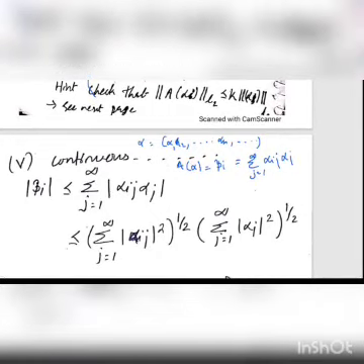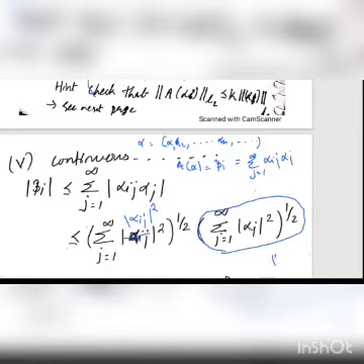So modulus of beta i means modulus of this sum of alpha ij into alpha j. Now this can be split up as less than or equal to sigma modulus of alpha ij squared, raised to 1 by 2, into sigma j equal to 1 to infinity alpha j square raised to 1 by 2. Now this will result exactly in the norm of alpha.